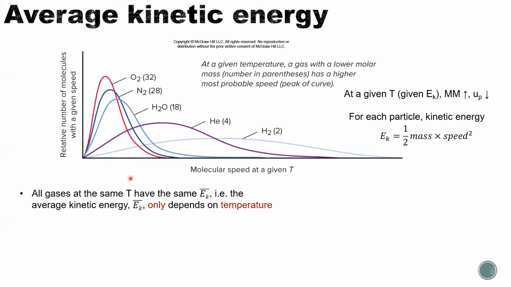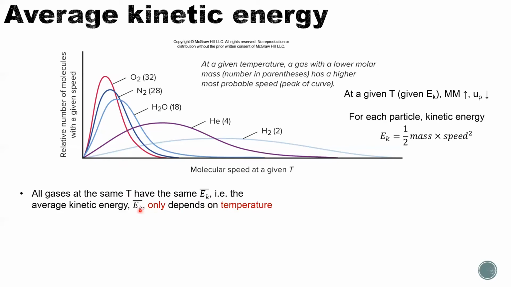And that comes to the most interesting part. When we calculate the average kinetic energy, all gases at the same temperature have the same average kinetic energy. The kinetic energy of individual gases may be different, but when you count everything together, the averages are the same.